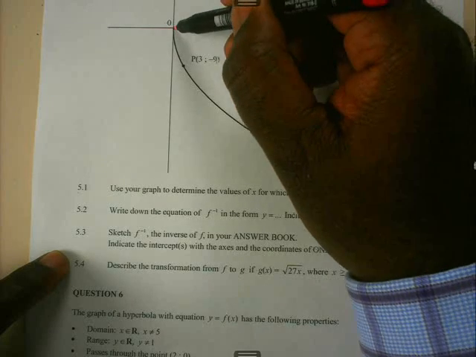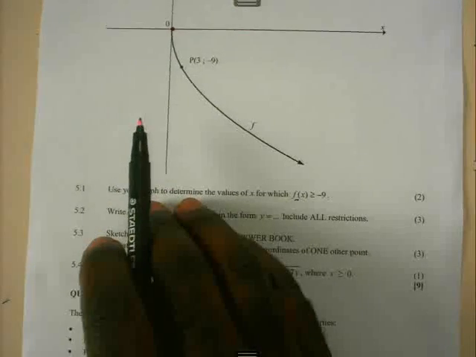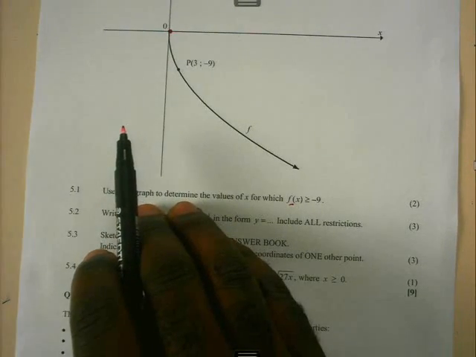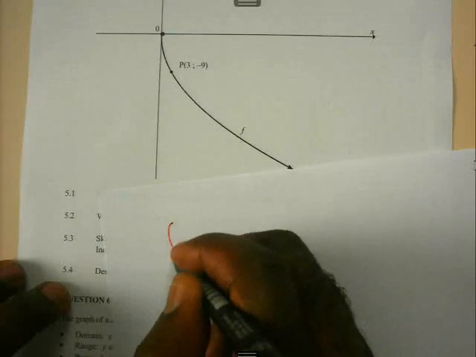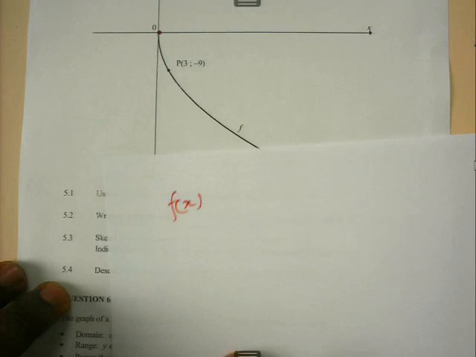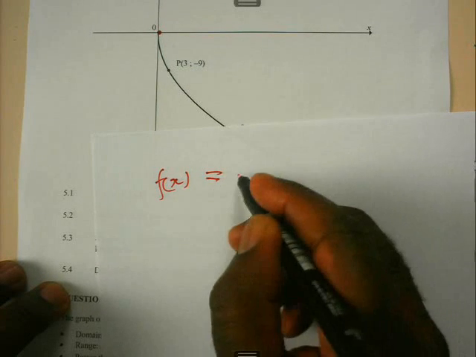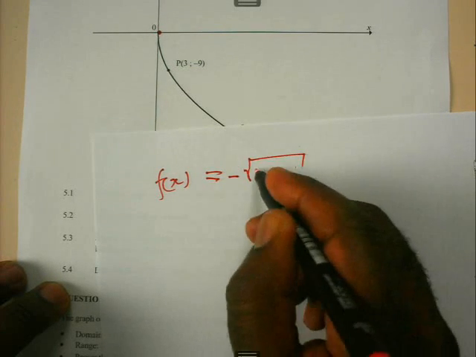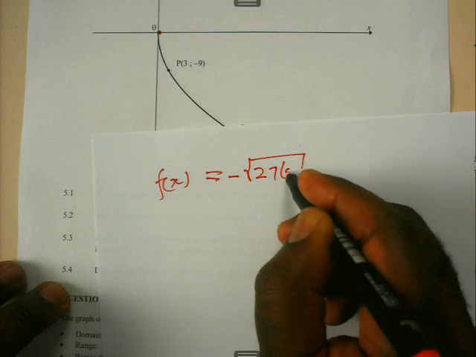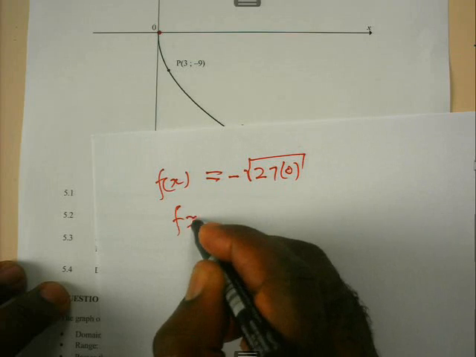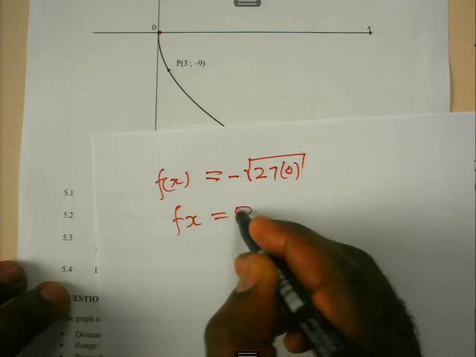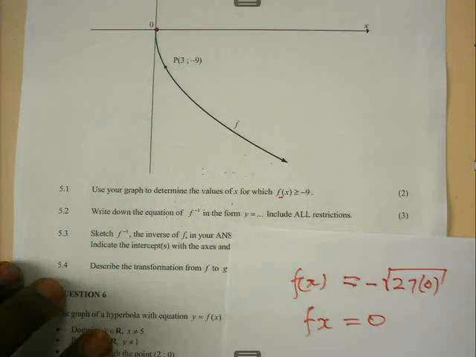If we substitute that x by 0, we are going to have f of x equal to minus the square root of 27 times 0. Anything multiplied by 0 is 0. So it means f of x is equal to 0.